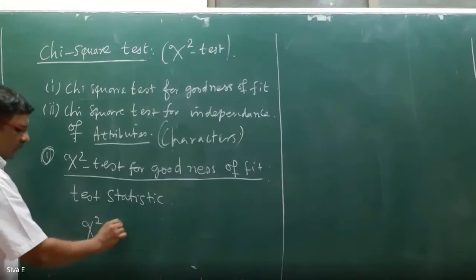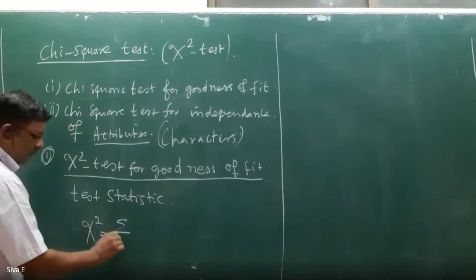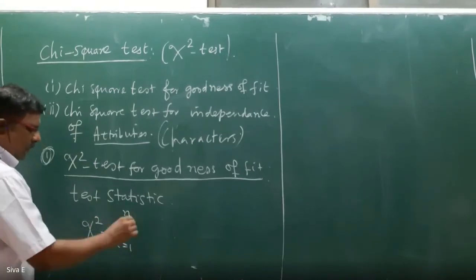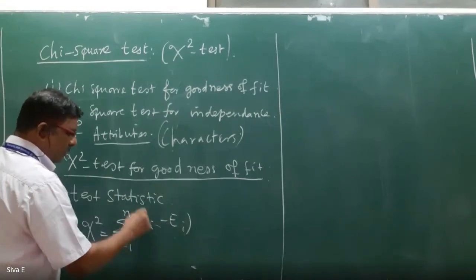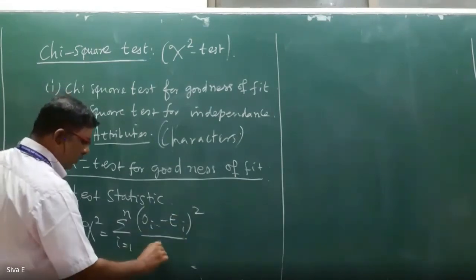Chi-square equals summation of i equal to 1 to n, (Oi minus Ei) whole square by Ei.